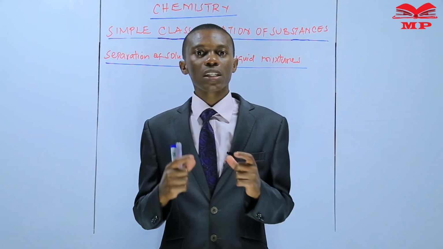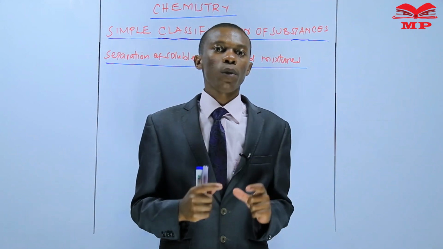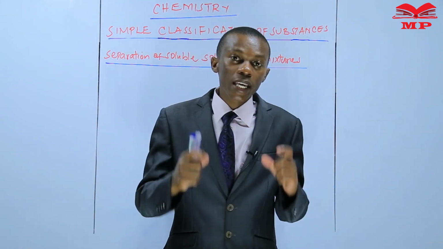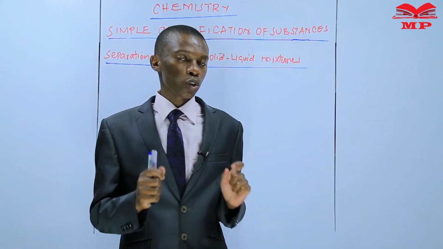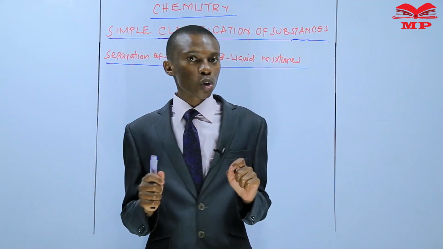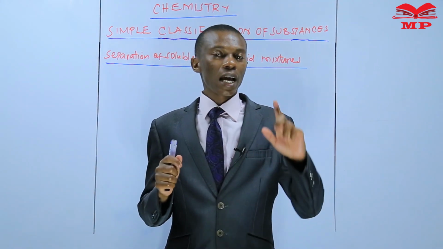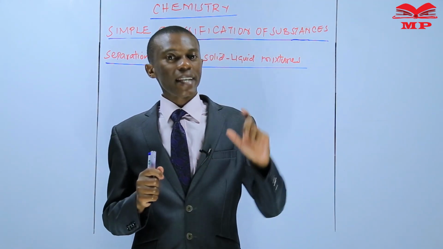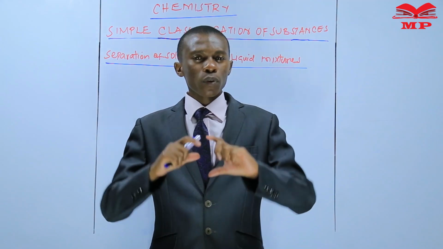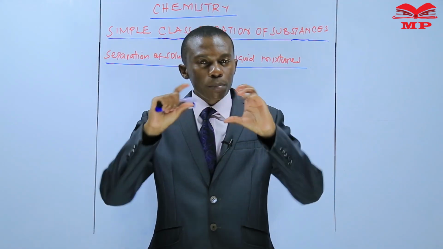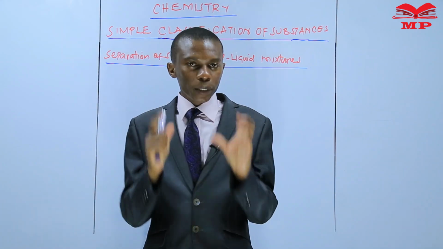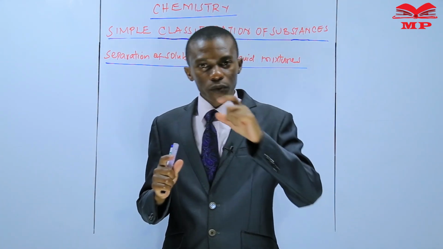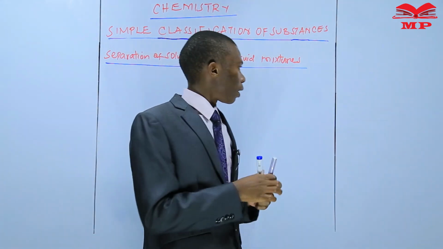By the end of this lesson, you should be able to explain how you can obtain a solvent from a solution. Remember again, a solution contains a solute and a solvent. Therefore, we want to learn how you can obtain a solvent from that solution.